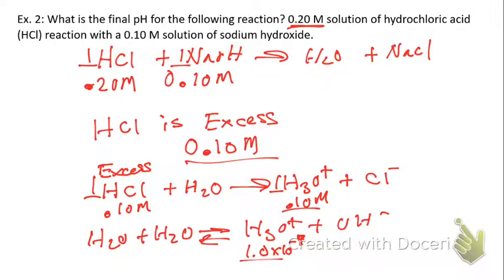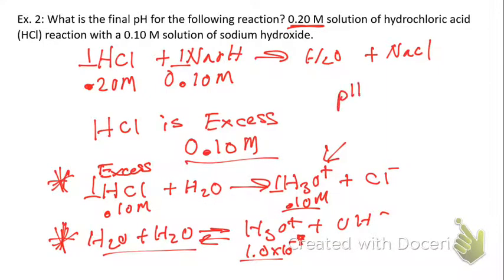So the pH is really going to be dependent on the excess reactant of HCl and not on the autoionization of water. Even though that still occurs, the excess reactant, as it reacts with water, is going to produce a much larger concentration of hydronium. So therefore, we're going to determine the pH based off of that.